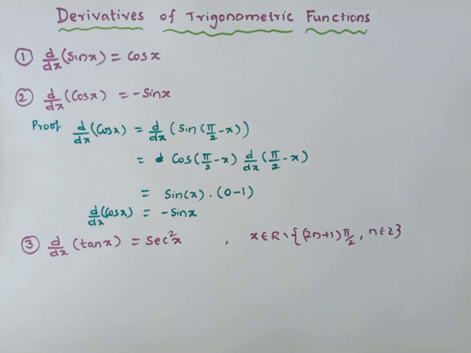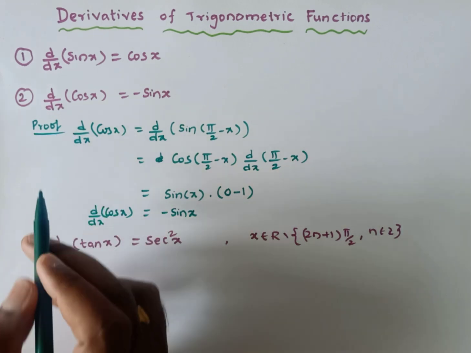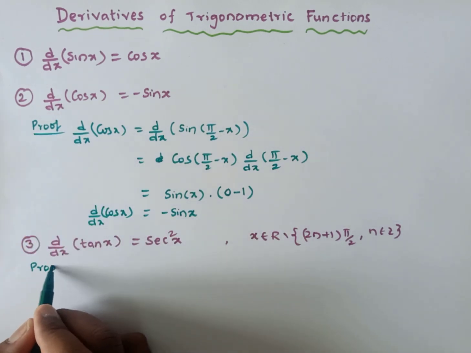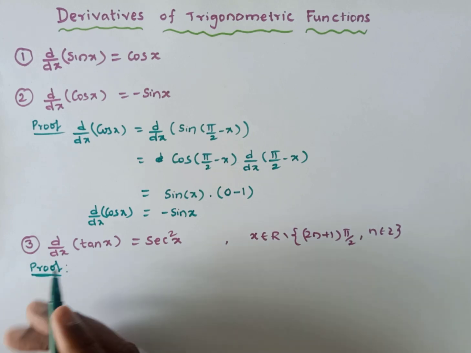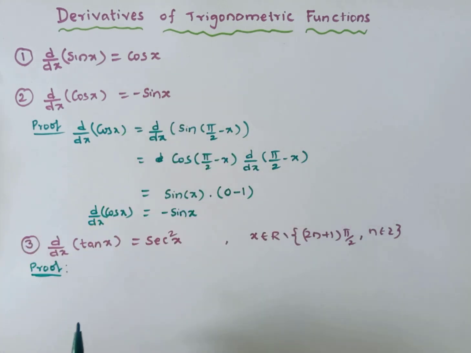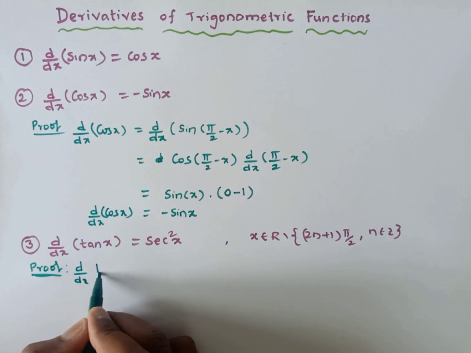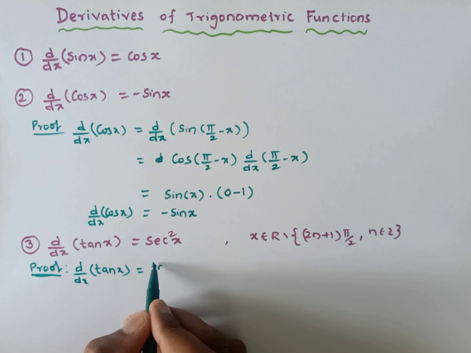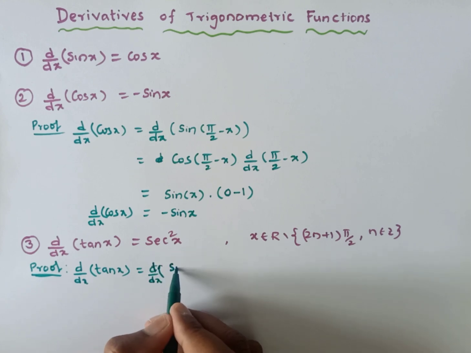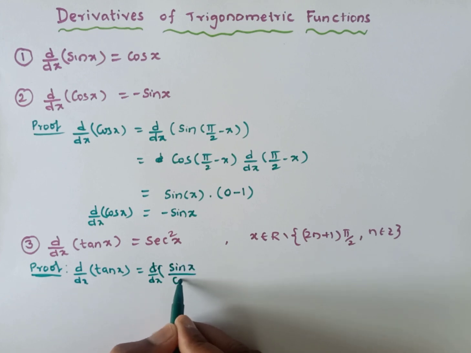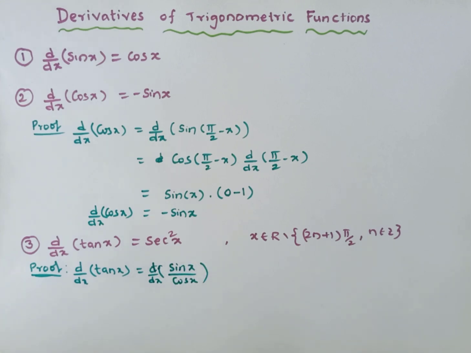And how to prove this? Here you can use the first principle, or the derivatives of sine and cos also. There are some rules to find the derivatives of given functions, right? Now we will use that. d by dx of tan x. You know how to express tan x: tan x can be written as sin x by cos x, which is in the form of u by v.